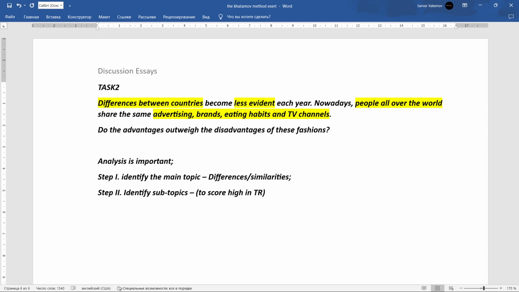I know it didn't make sense at all, but this is so far as good as I could explain it. Right. So to score in task response, so basically these guys, right?